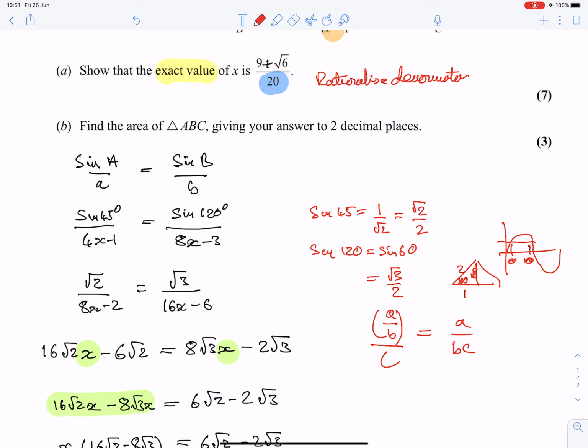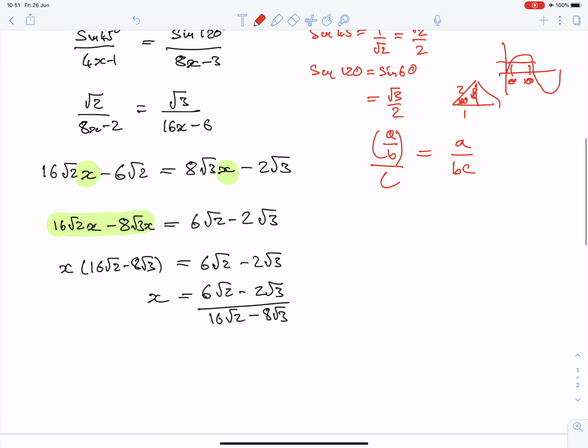Yeah, we can tell that from the 20. So let's just tidy this up a little bit and make the numbers smaller if we can. Take out a factor of 2 on the top, so we've got 3 root 2 minus root 3. Take out a factor of 8 from the bottom, leaving 2 root 2 minus root 3.